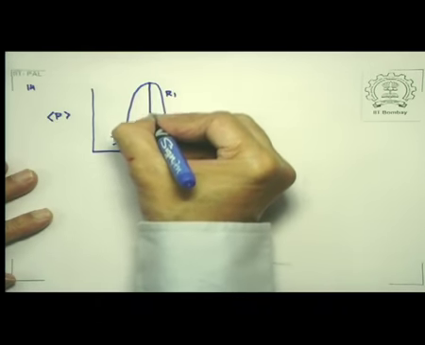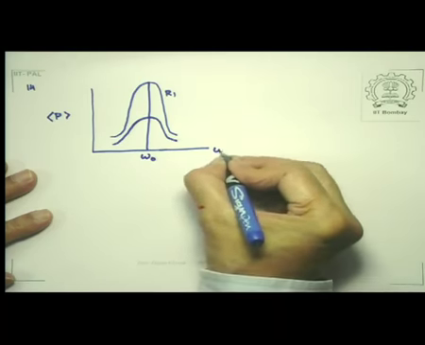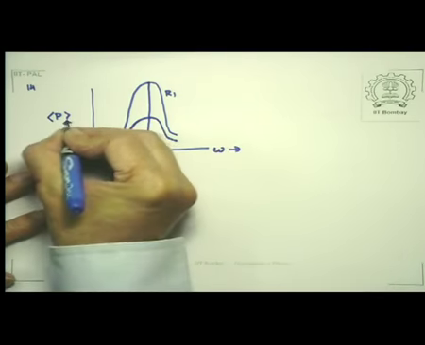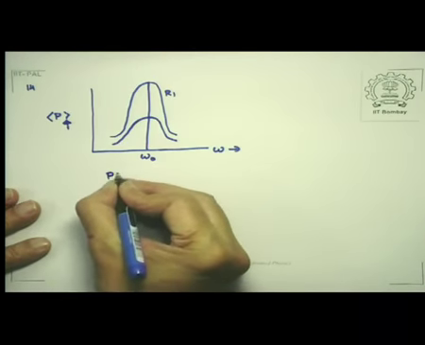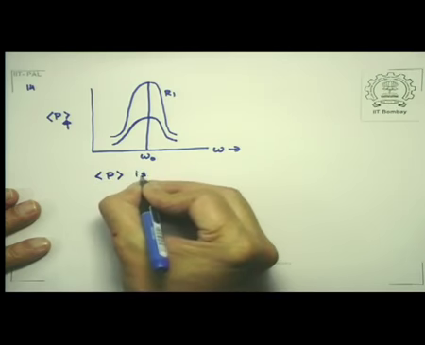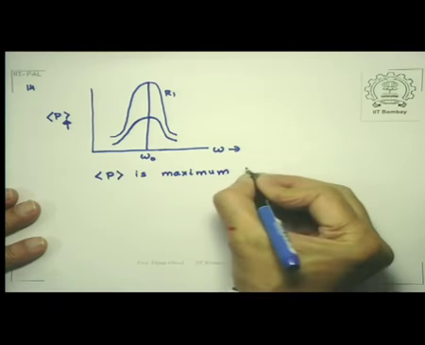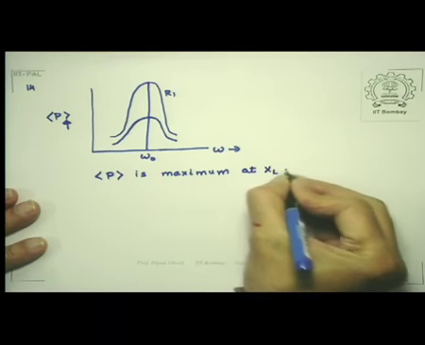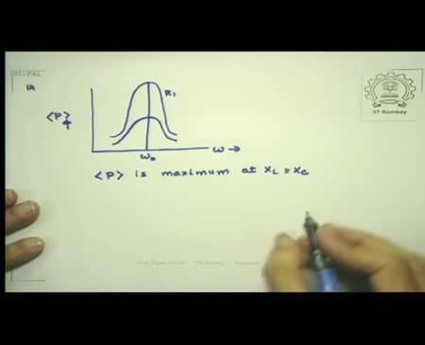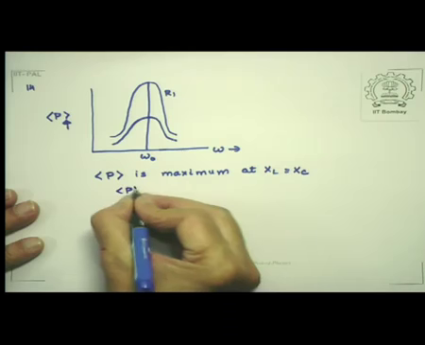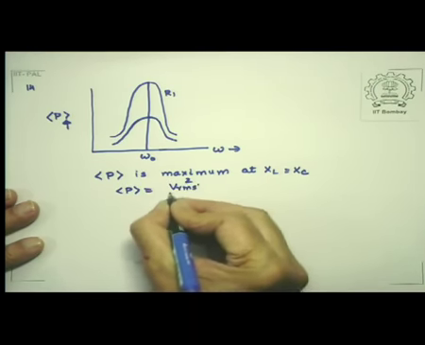The peak is still at omega equal to omega naught. So we have seen that P average is maximum at XL equal to XC, in which case it has a value V RMS square divided by R.